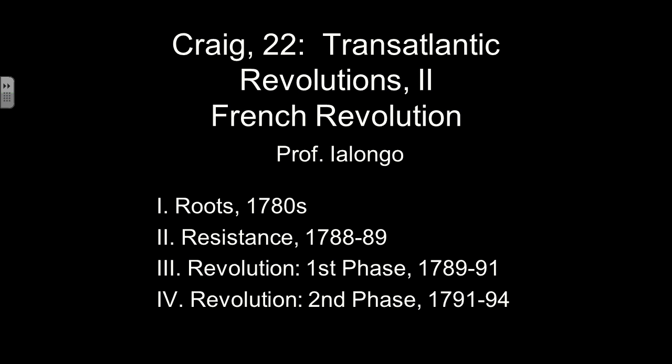In the second phase of the revolution, it's when things get completely out of control and the French feel under threat that their revolutionary ideas are going to be destroyed, both internally and by enemies outside of France, and they decide the only way to survive is to completely eliminate their enemies at home.